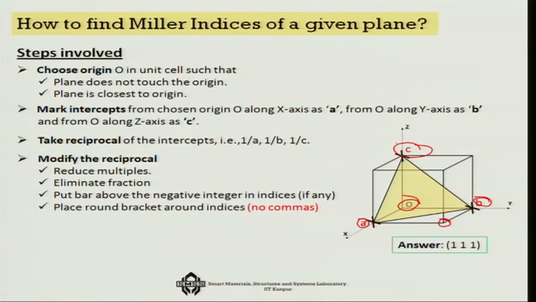This will simplify it. You can also eliminate the fractions by multiplying suitably if needed. And if there is any negative integer, in this case it is all positive, but if there is, then put a bar above the negative integer in the indices.